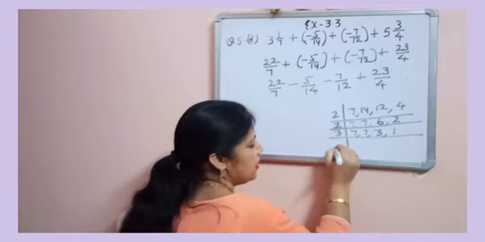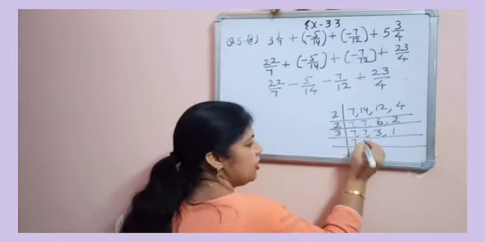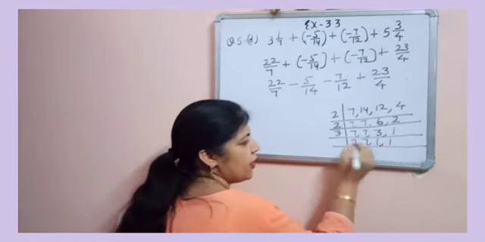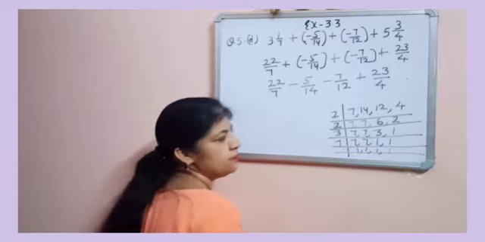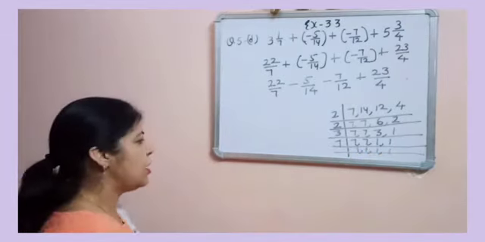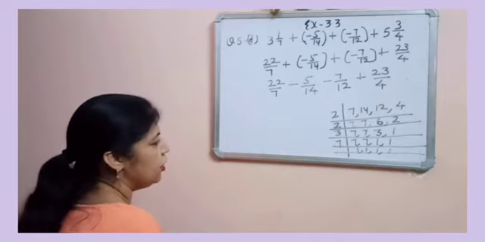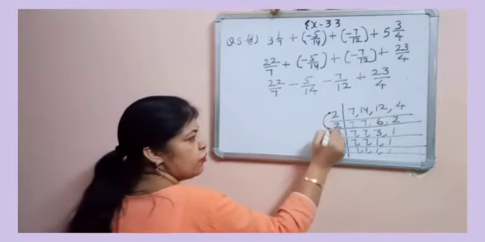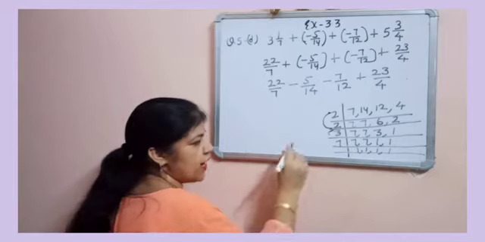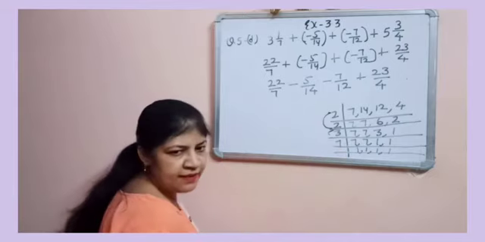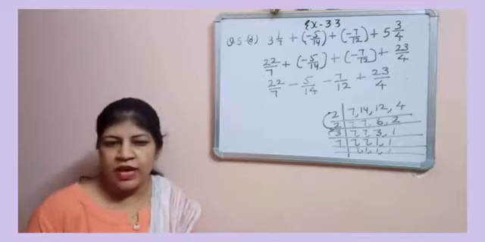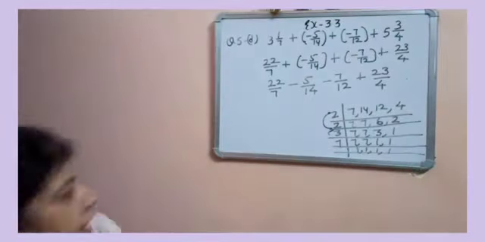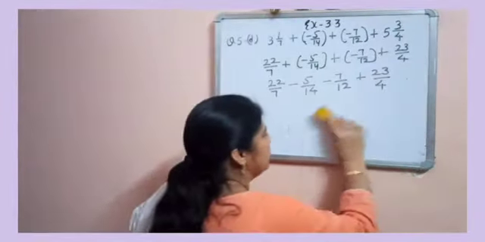Now divide by 3, 1, 1 and now by 7. Okay. Now the LCM will be 2 into 2, 4, 4 into 3, 12 and 12 into 7, 84. Okay. So the LCM will be 84.